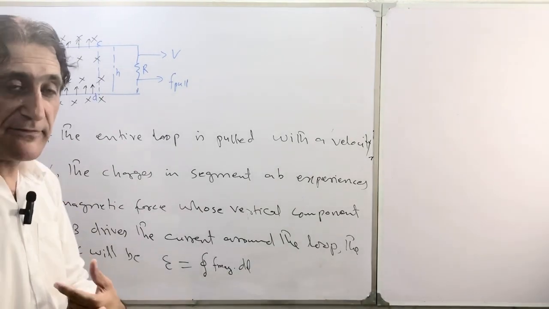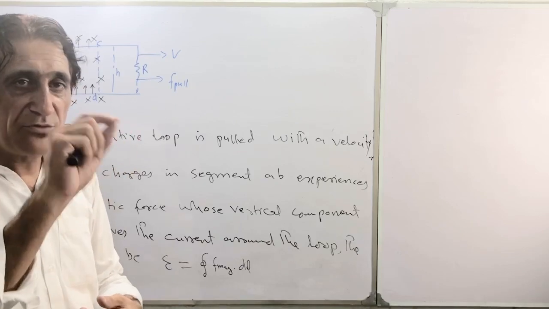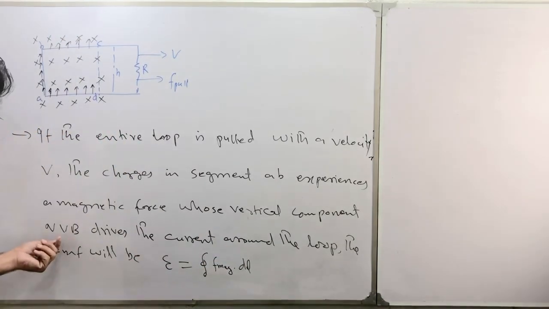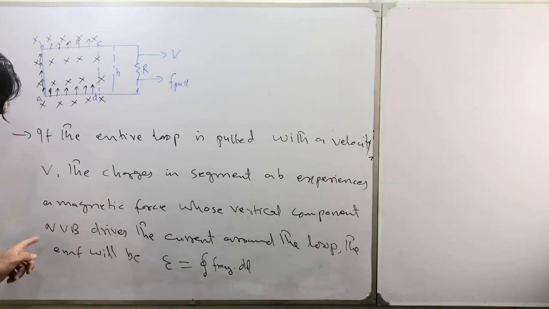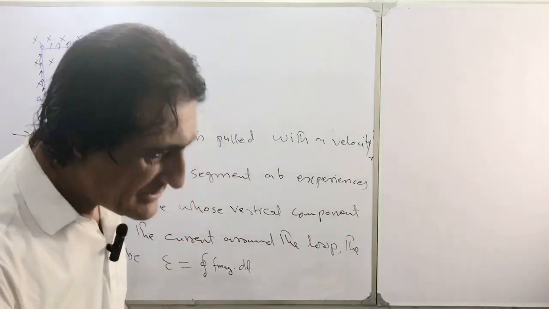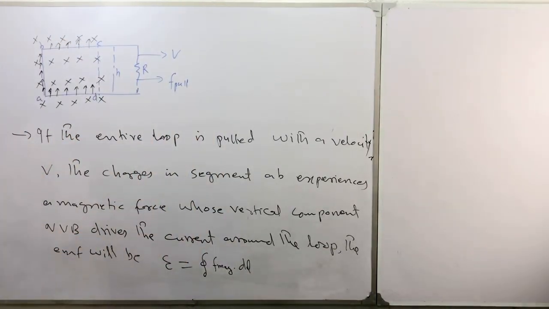This is the magnetic force. The magnetic force is equal to q times v cross B. If the angle is 90 degrees, then sine is equal to 1. So the magnetic force is equal to qvB.